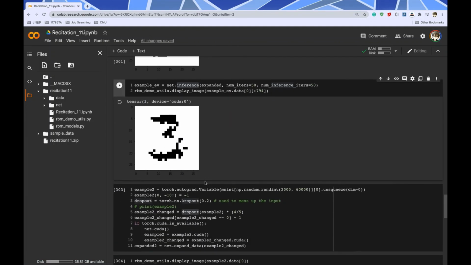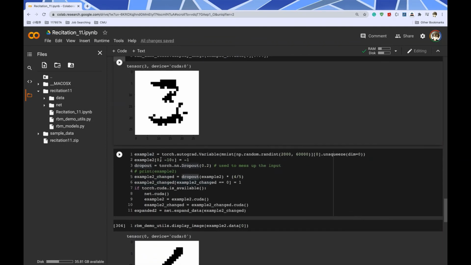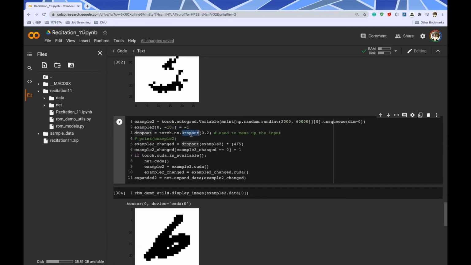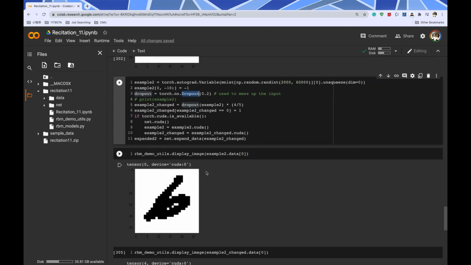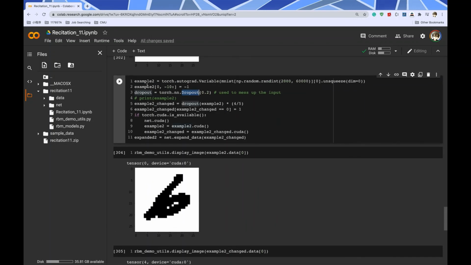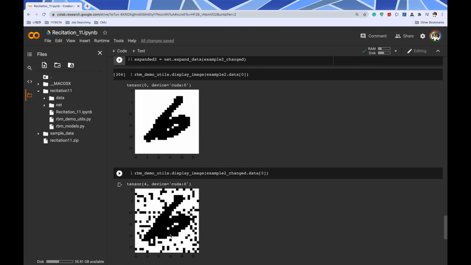So that's great. And if we take another example here, we remove the label, and then we apply the dropout to make it noisy. So this is the original one after removing the label, and this is what we get after applying the dropout.